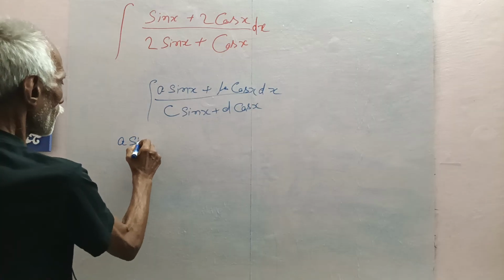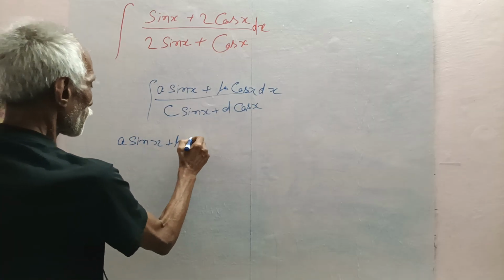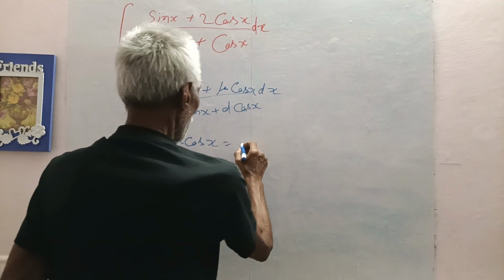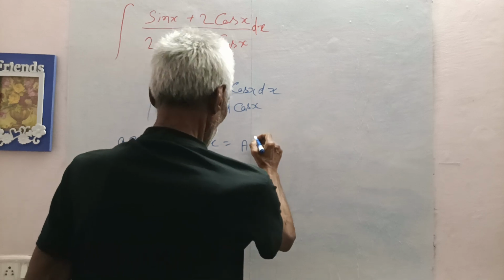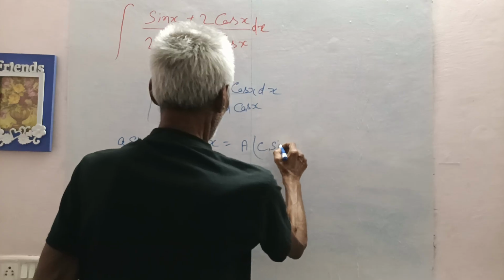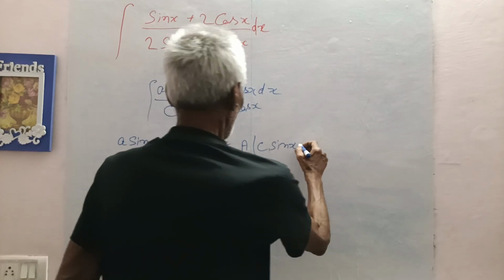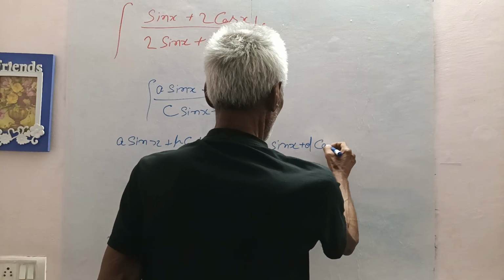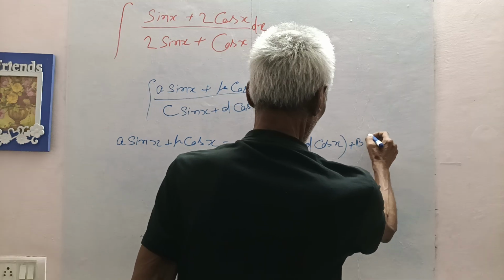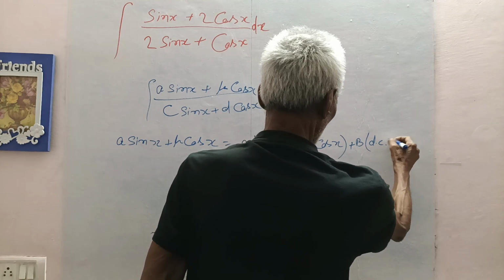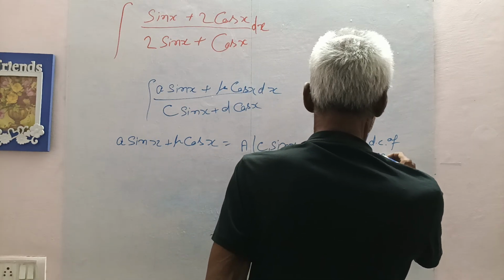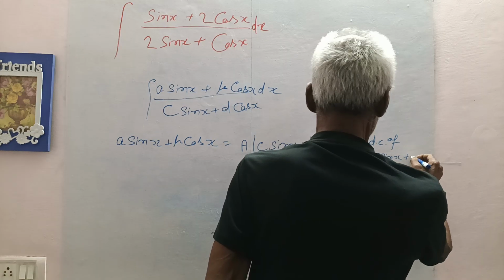a sin x plus b cos x is equal to a times (c sin x plus d cos x) plus b times the differential coefficient of (c sin x plus d cos x).